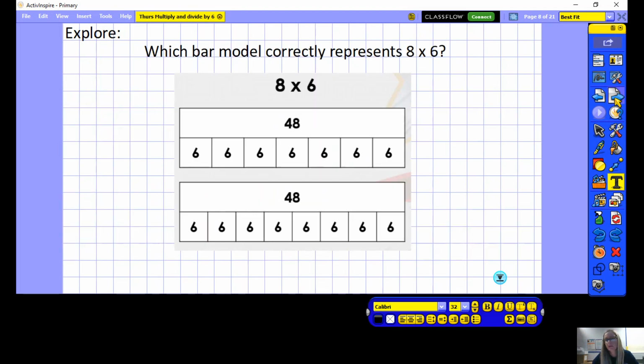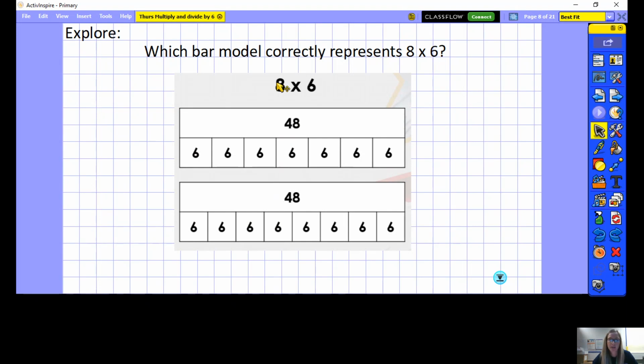Okay, so we can also use bar models to help us multiply or divide and to represent a question. So here I've got the question, which bar model correctly represents 8 times 6? Let's have a look at the bar models that we can see. So 8 times 6. Here we can see that the total at the top of the bar model is 48.